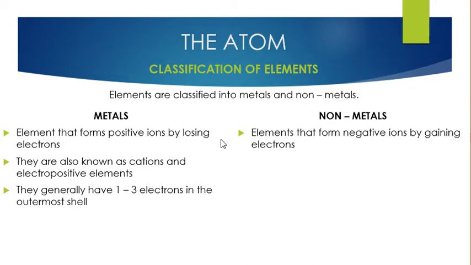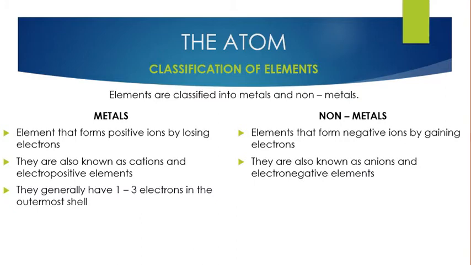Then the other thing about nonmetals is that they are also known as anions and negative elements. We'll also look at why they are called anions when we look at electrolysis, but electronegativity is just caused by them forming negative ions by gaining electrons.